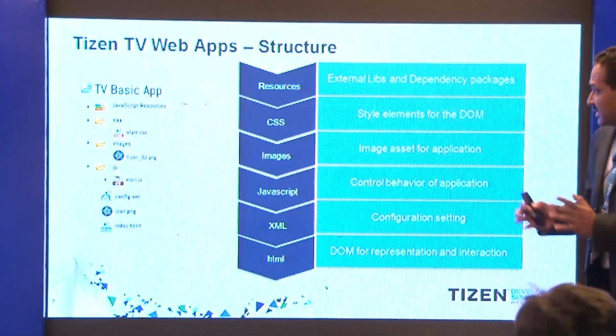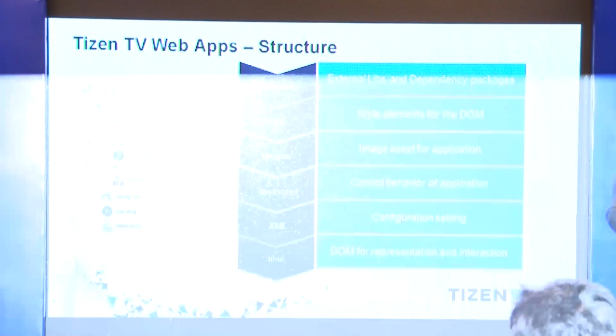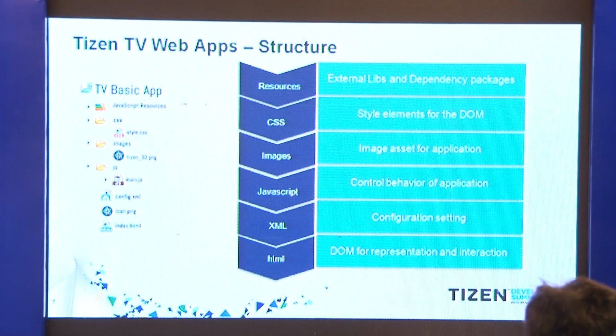So let's talk about a very basic structure of Tizen web apps. A Tizen web app is very similar to a normal web application, wherein you are using standard web technologies like HTML, CSS, JavaScript, wherein your HTML provides you the DOM manipulation part, CSS gives you the style elements for the DOM, and the JavaScript gives you the power to check out your application and control it.